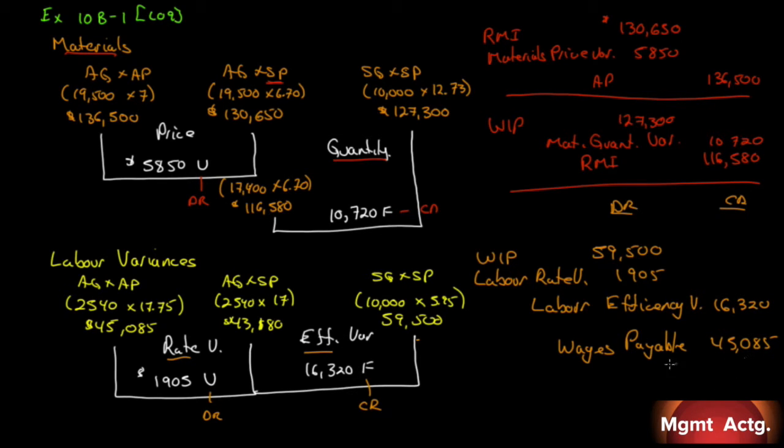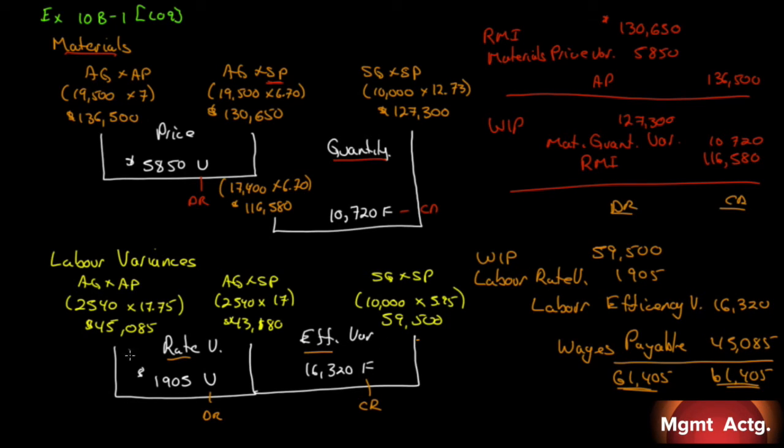If we want to be sure that we did it right, we can add up our columns. If we add these two together, we get $61,405. If we add these two together, we get $61,405. So our debit entries total $61,405, and our credit entries total $61,405.